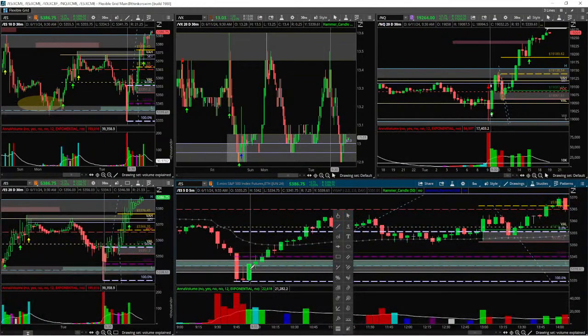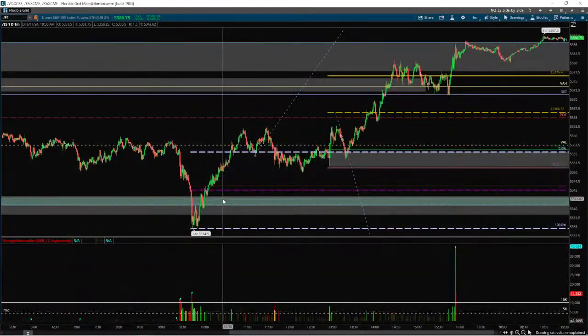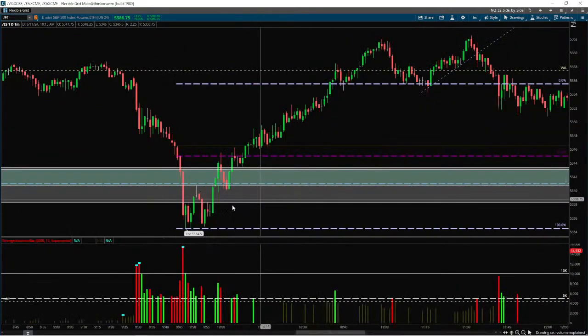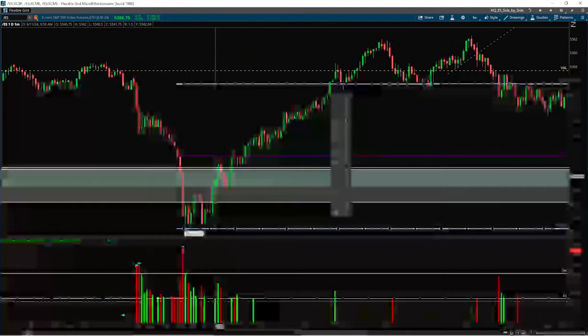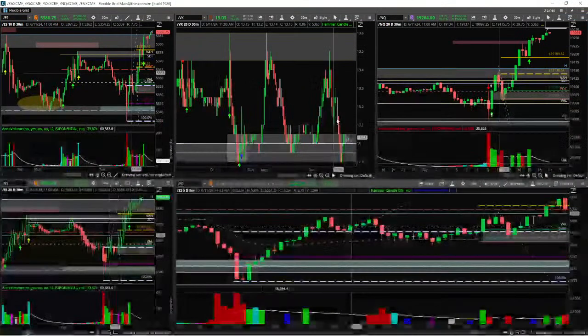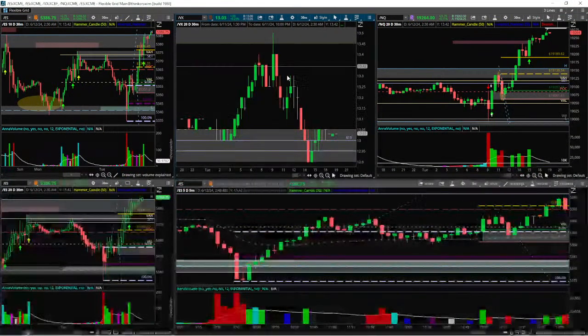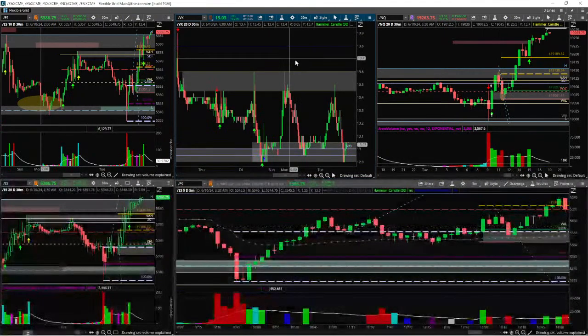I believe it may have been a little higher. Just a recap. Here about 19 points, so it was a little higher of an entry. So right above that, NQ was respecting this level that I had up here.